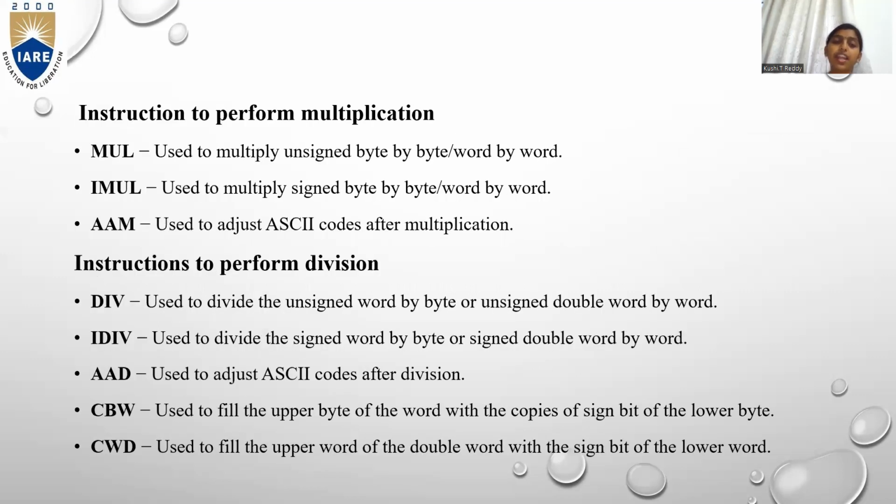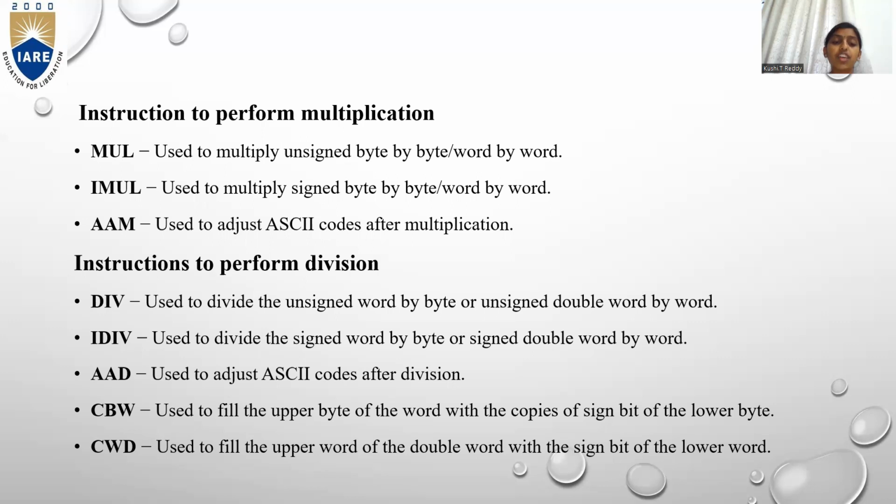Instructions to perform multiplication. MUL is used to multiply unsigned data. IMUL is used to multiply signed byte by byte or word by word. AAM is used to adjust ASCII codes after the multiplication. Instructions to perform division. DIV, as you all know, is used to divide the unsigned word by byte or unsigned double word by word.